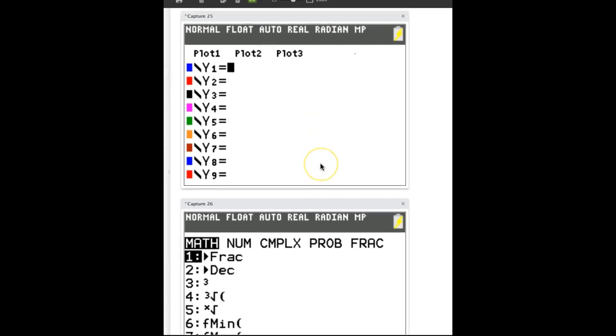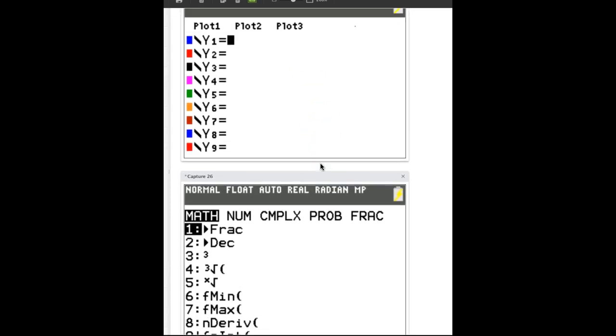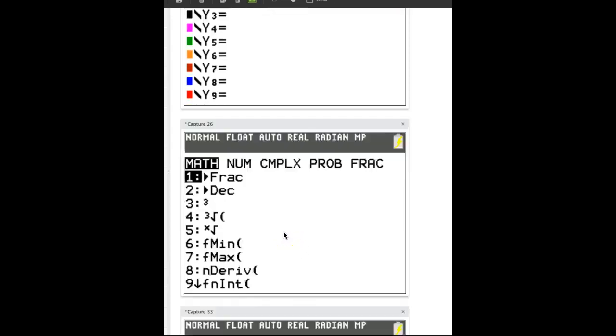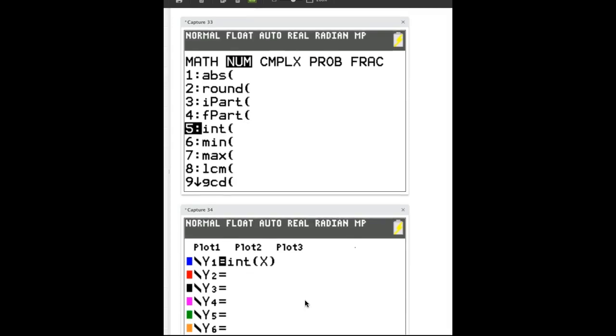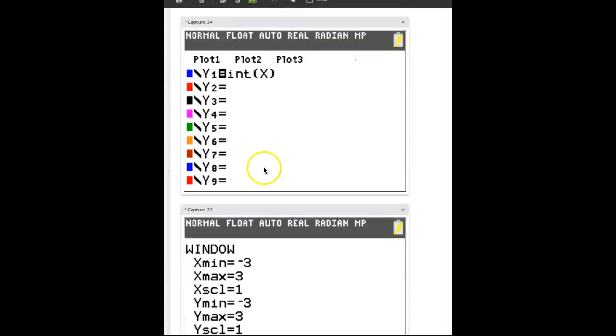And then you're going to click on Math, Num, and go to the number catalog. Then click on 5, integer. That's the greatest integer. Since you went to y equals first, it should paste it into y1. So this is the greatest integer of x.